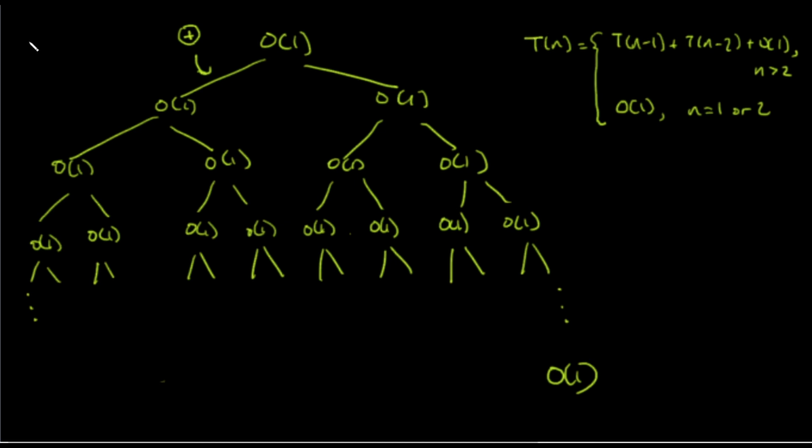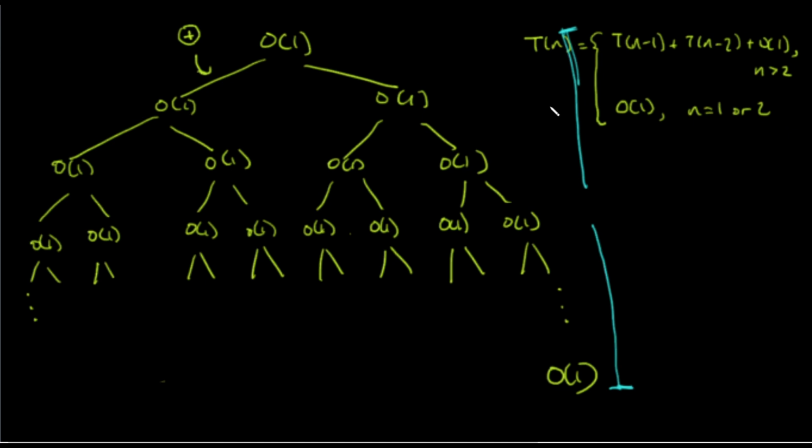I'm going to use a different color, just right over the recurrence relation. What is this height? Well, our rule for taking the rightmost branch is that it's always going to be T of n-2. We're always going to be subtracting 2 from our n all the way until we get down to n equals 1 or n equals 2.